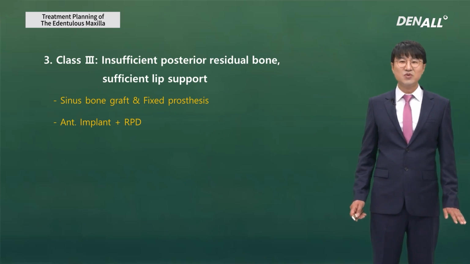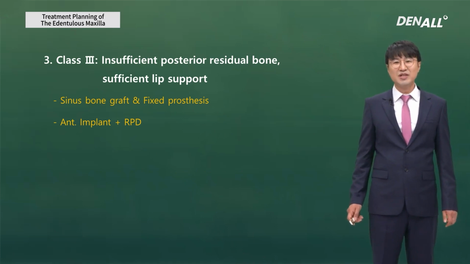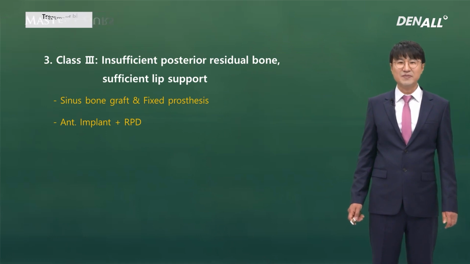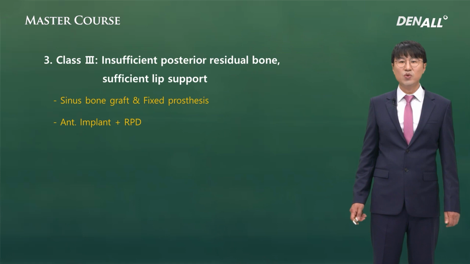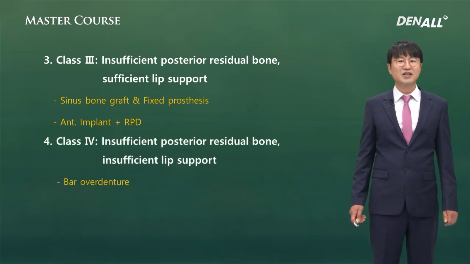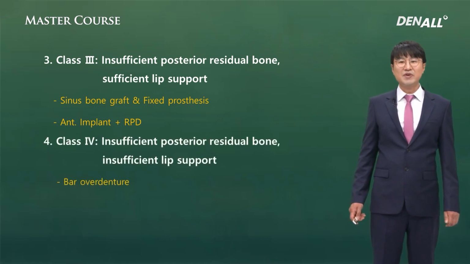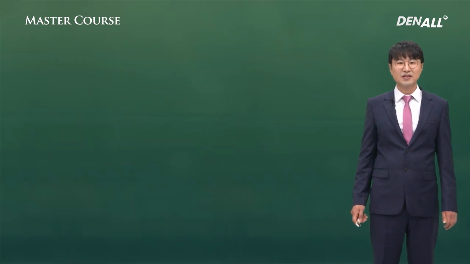It's important. In class 3, with insufficient bone and sufficient lip support, you can do bone grafting or anterior implants and use an RPD. With sufficient bone but insufficient lip support, a bar overdenture is something you can consider.